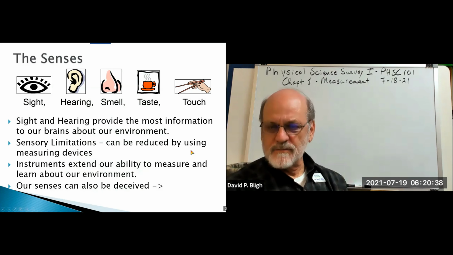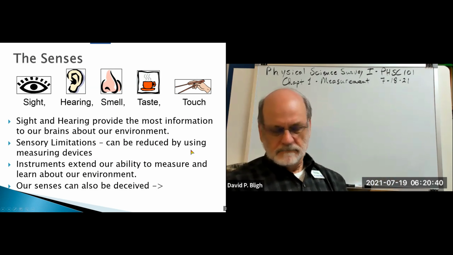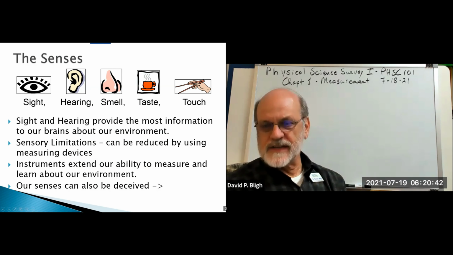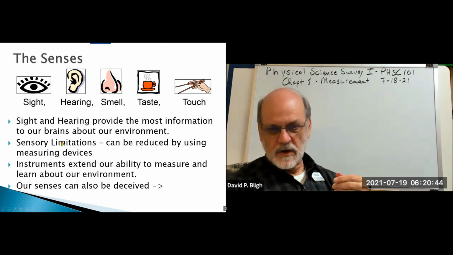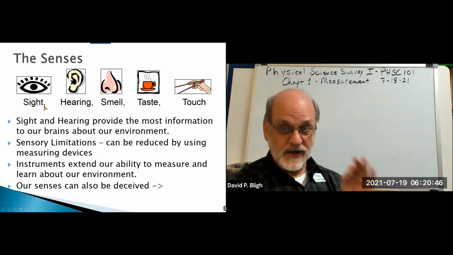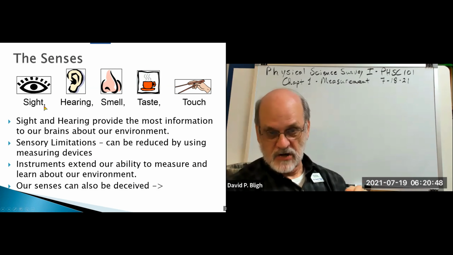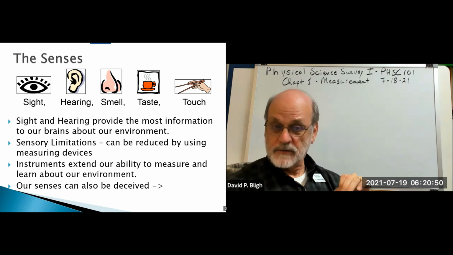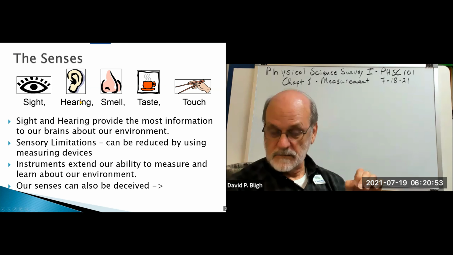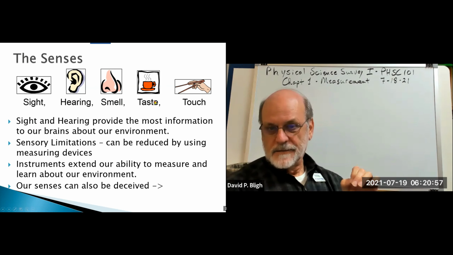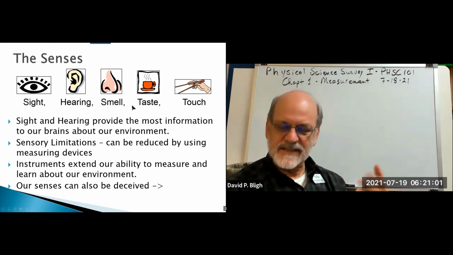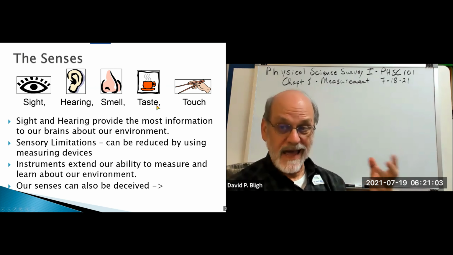Okay, in making these measurements, we use our senses. In other words, sight is central to scientific measurement. But sometimes we use hearing, maybe our sense of smell. Taste, not so much, because tasting something can be hazardous.